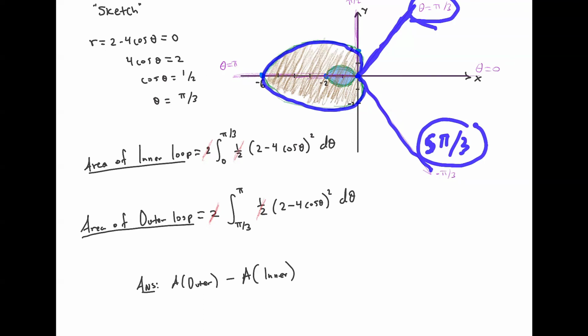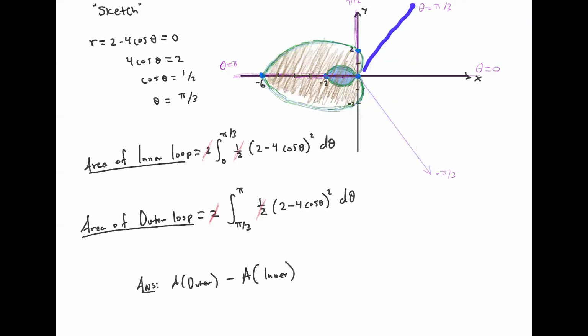So that's why we only did this from pi over 3 to pi, and then doubled it like this. That'll give us this area here, and we doubled it. Oh, my screen is lagging a little, so I'm just waiting for it to catch up.